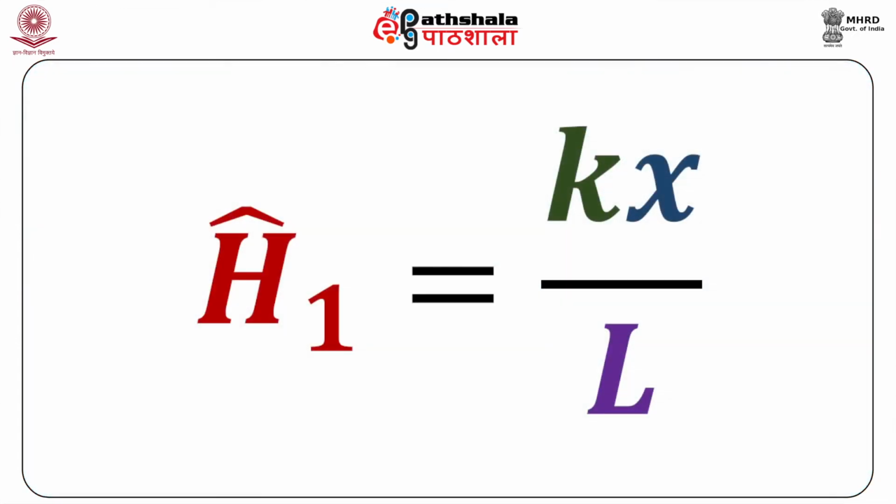Now, from the equations which we have already studied, we can see that the perturbed Hamiltonian for this particle in a one-dimensional box with slanted bottom will be H1 cap equal to kx by L. K is a constant which represents the potential energy.